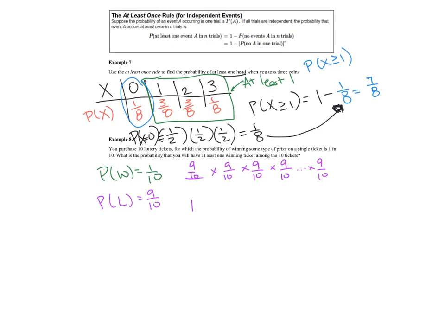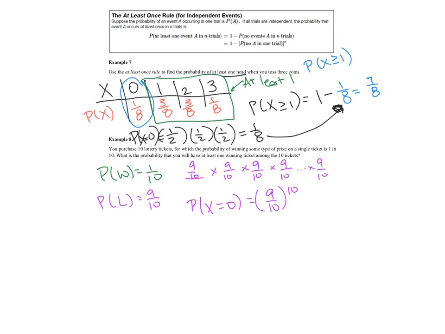So essentially what you're calculating is the probability that X, where we let X equal a winning ticket, so X equals 0 means no winning tickets. That's 9 out of 10, raised to the 10th power. This means that you didn't win on any of your tickets. All of these tickets were losses, because the probability of winning again is 1/10. This means that all 10 tickets were losses.